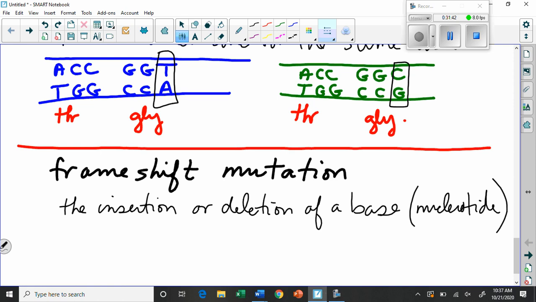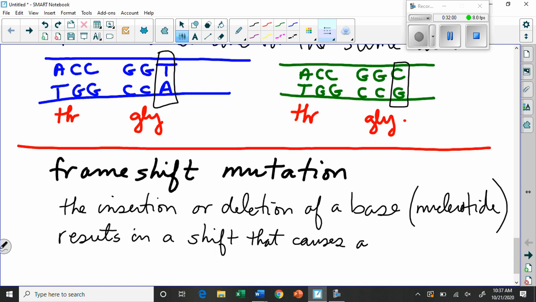So the insertion or deletion of a base or nucleotide results in a shift that causes all the following codons to be misread.